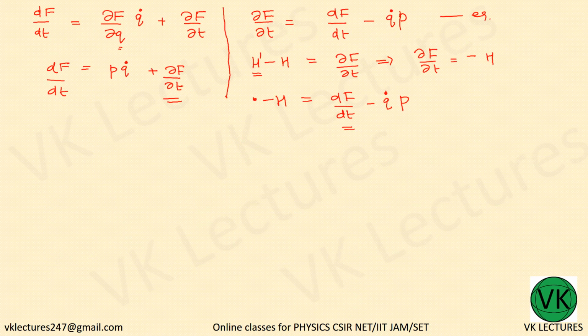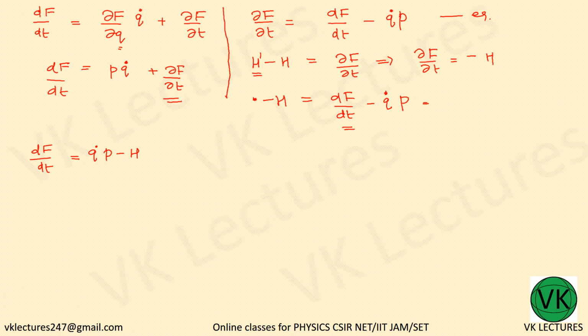Now rewriting this equation, we have df by dt equal to minus h plus q dot p. So that is q dot p minus h.